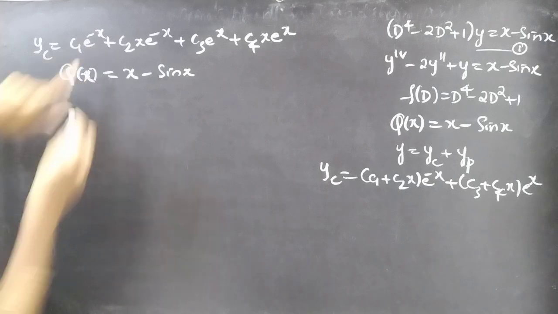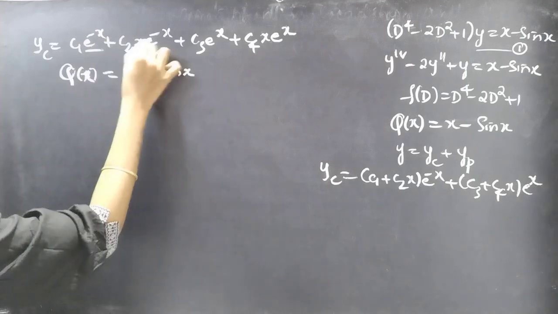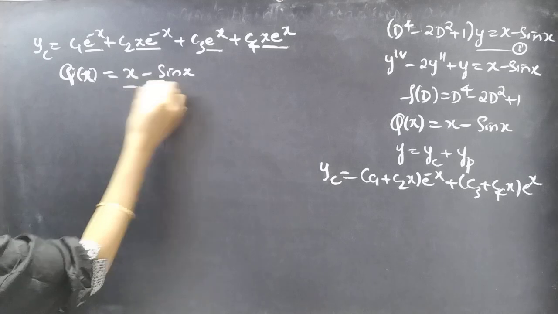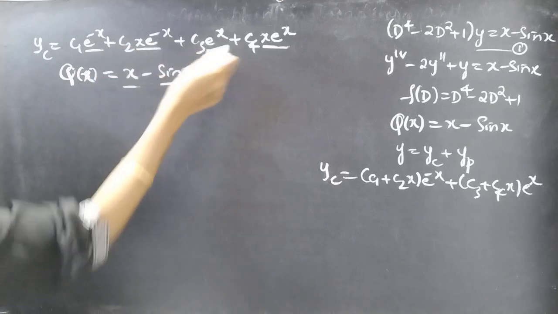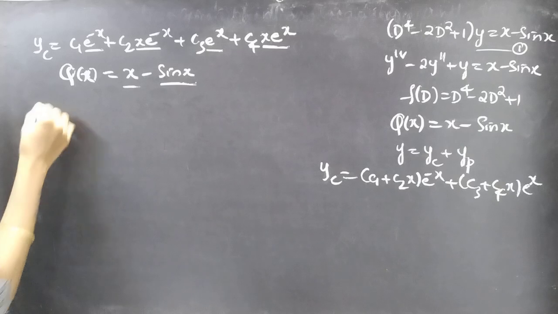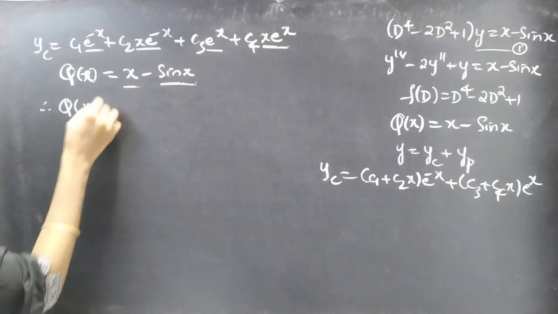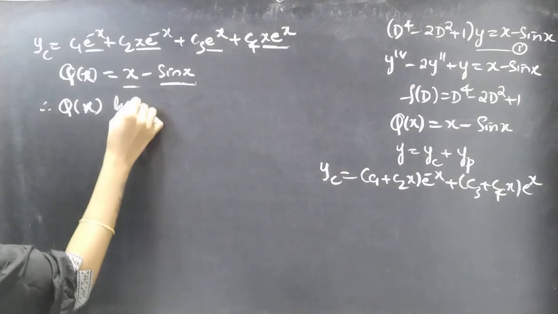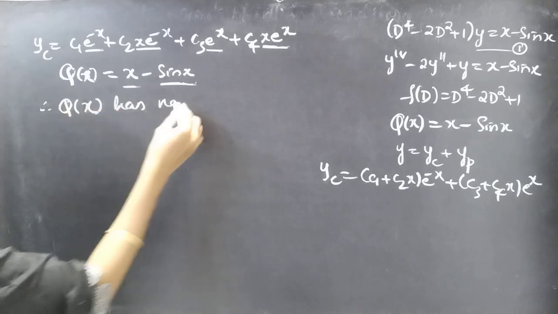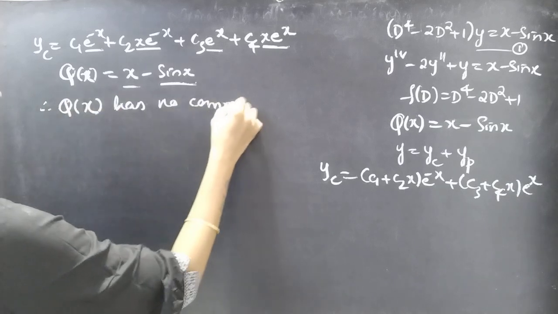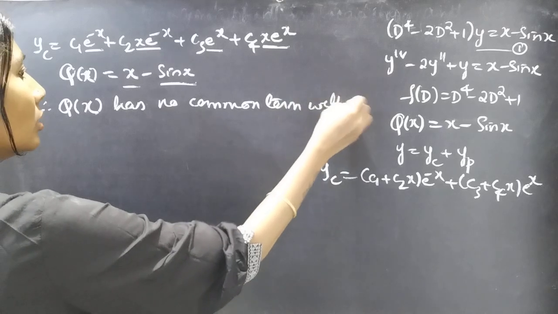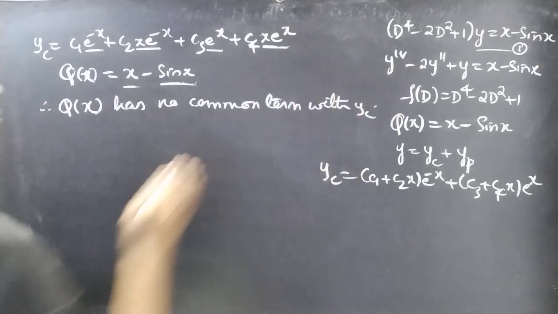Here you're having e power x, e power minus x, x e power minus x, e power x, x e power x. Here you're having x sin x. So you don't have any common terms of q of x with yc, right? Therefore, q of x has no common term with yc, right?